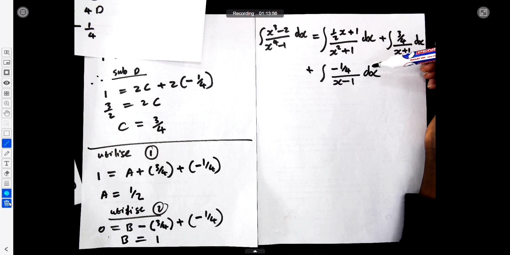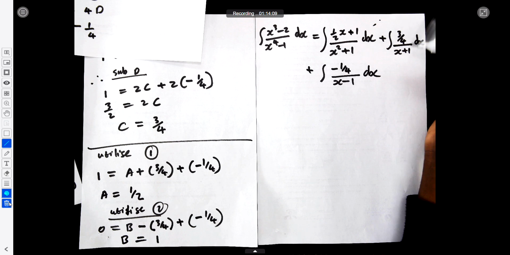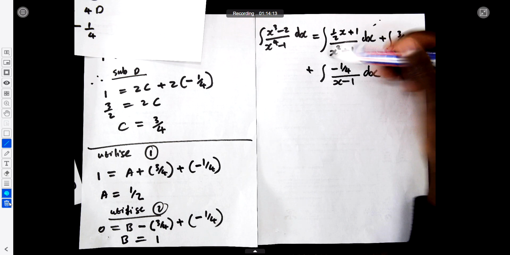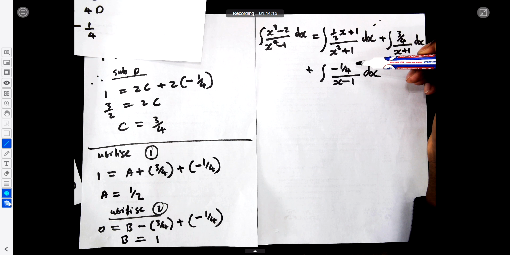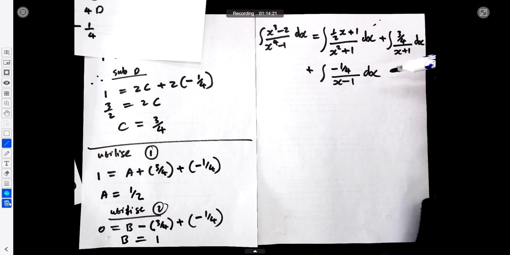You can think of inverse trigonometric functions for tan, but for tan you must have a constant in the numerator, so it's out. If you have ln of something, it's out. You could even want to take it to partial fractions, but it will take you back here because this is the denominator of a quadratic expression. When you utilize ax plus b, it still takes you back here, isn't it?